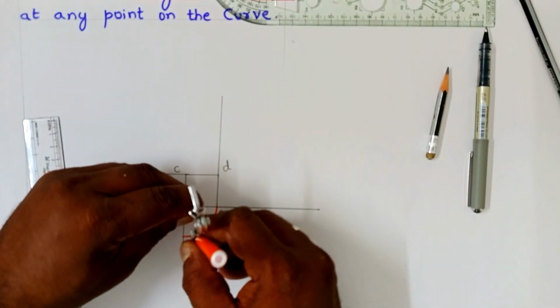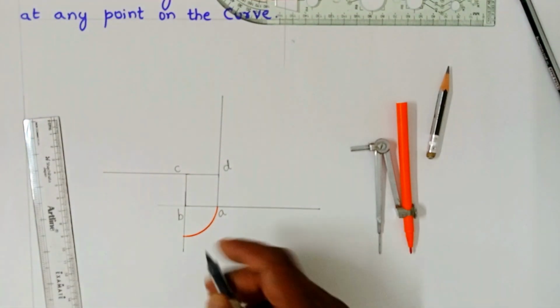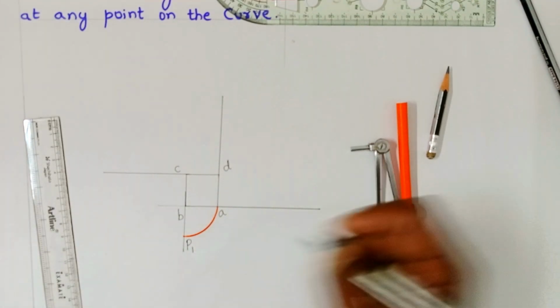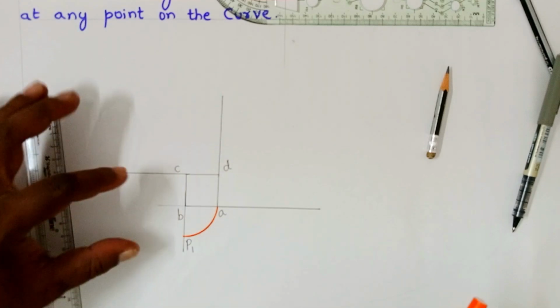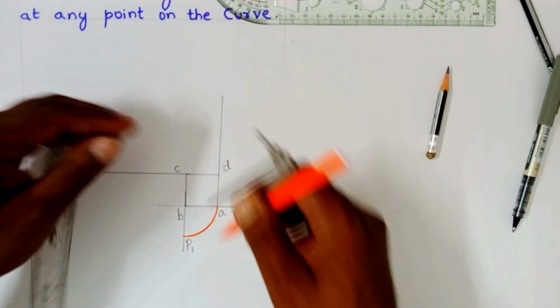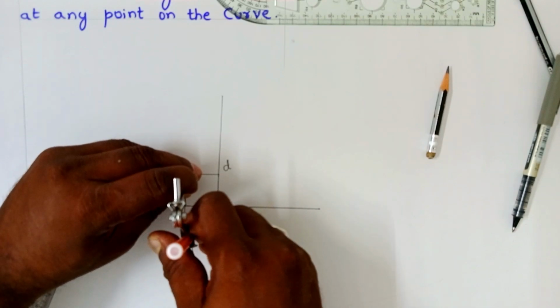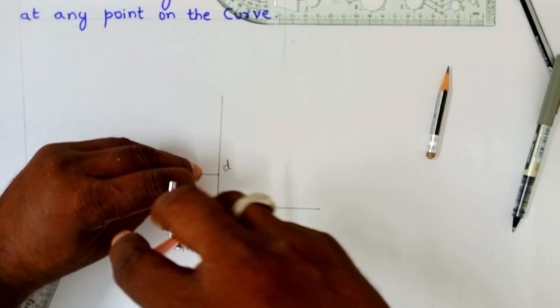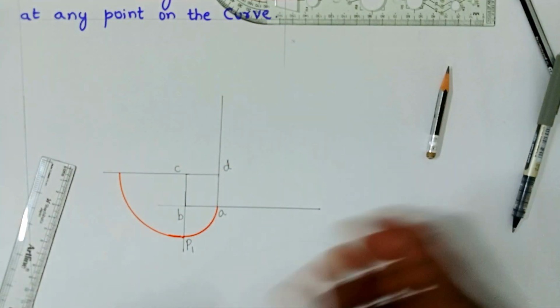This point of intersection with the vertical line shall be marked as the first point P1. Similarly, next is point C. Take CP1 as radius, draw an arc for 90 degrees on the left side.